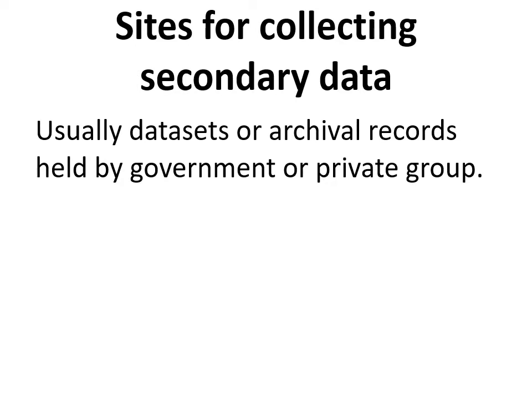Property records might be held by particular private groups or nonprofit groups like a nature conservancy. But the point here is that the data has already been collected and compiled somewhere, and that it's often lots of data.